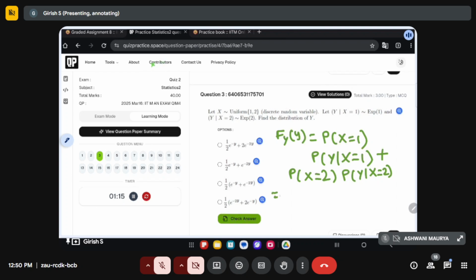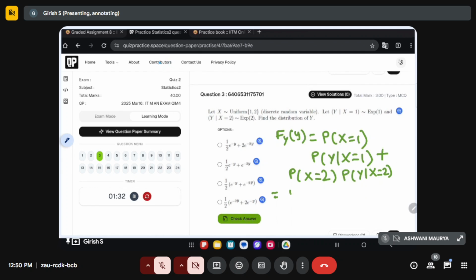So what is the probability of X is equal to 1? X follows uniform distribution. So what can I say about probability of x is equal to 1? Anyone? It should be 1 by 2.